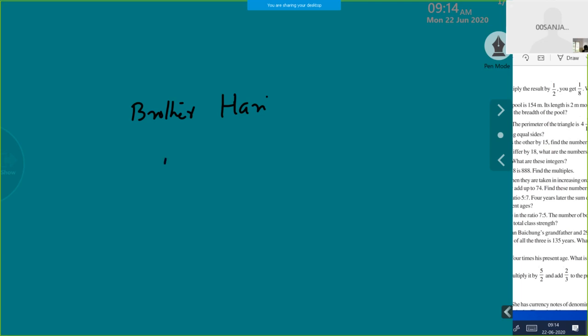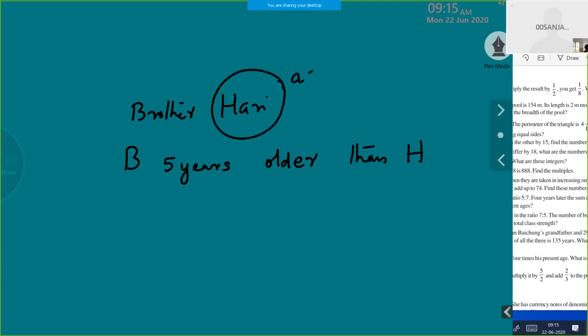Now, Heidi's brother is 5 years older than Heidi. Since it is age, we use the term older than or elder. Find out Heidi's age. So what you have to find out is her age.